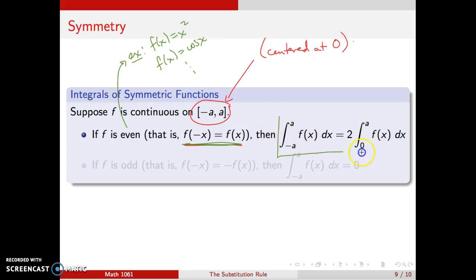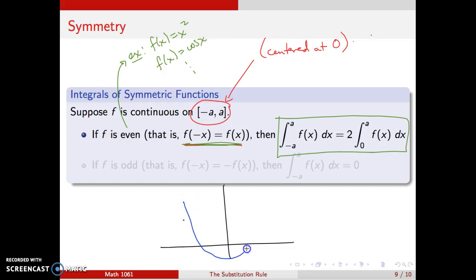Then the definite integral from negative a to a of f of x is just twice the integral from 0 to a. And what you can be thinking about here is for an even function, you've got a symmetry about the y-axis. So if you're going from whatever this is to here, this part is just the same on the other side of the axis. So you could just double one of them. That's what that's saying.